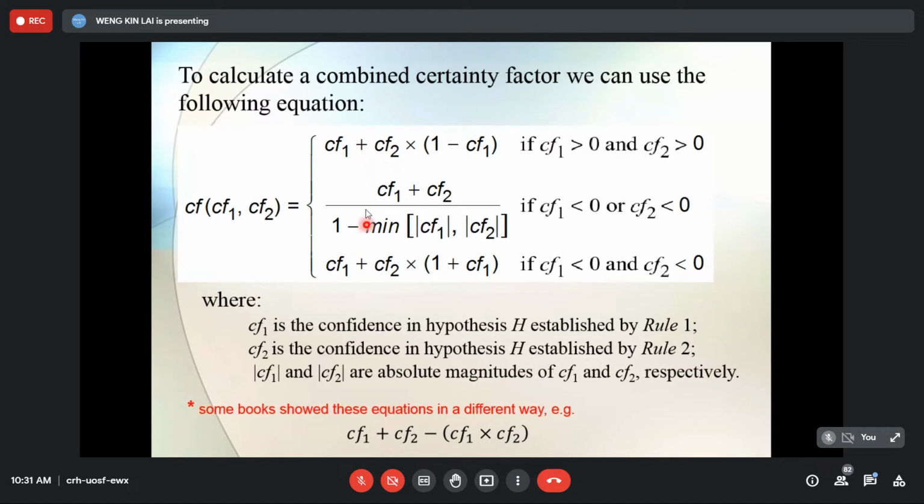If I expand this out, I have CF1 plus CF2 minus CF1 times CF2, which is the same as this. Some books put it in a different way, but they actually mean the same thing. So again, this one will be CF1 plus CF2 plus CF1 CF2. So the last one here is actually plus. In some books they show the equation differently, but you can see that they are the same.